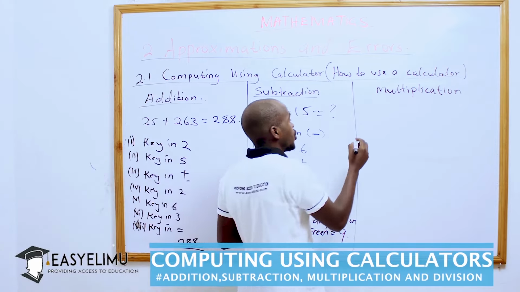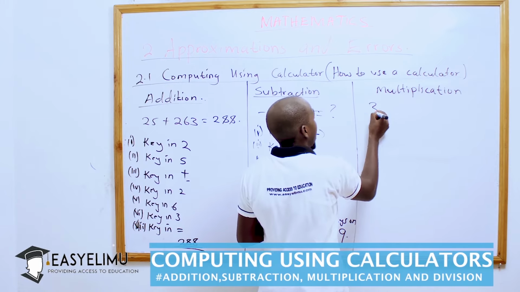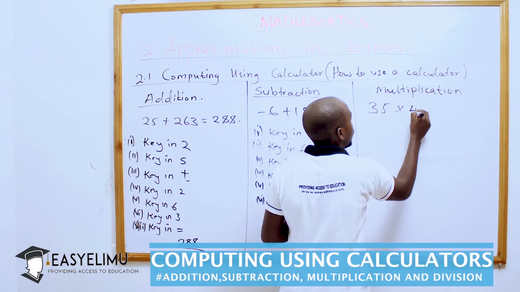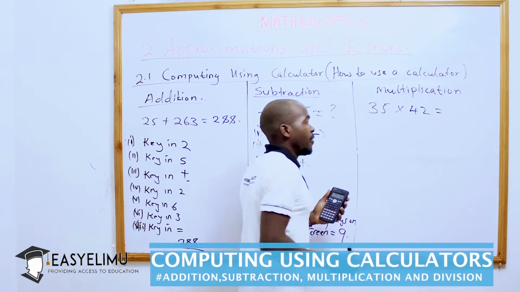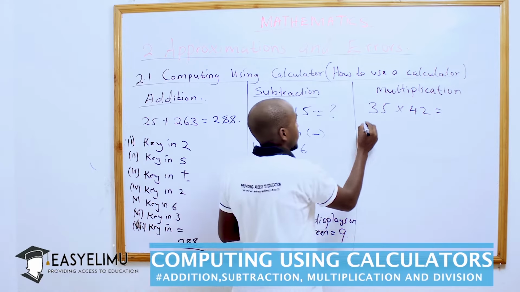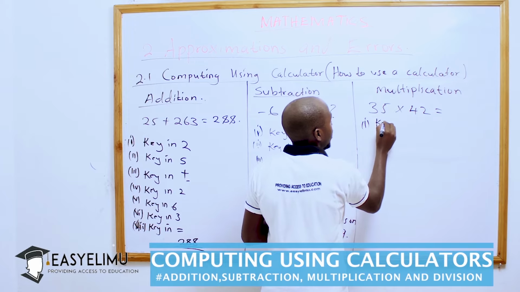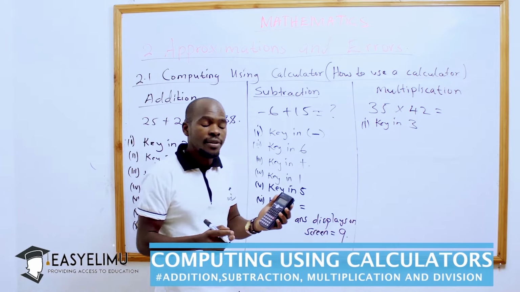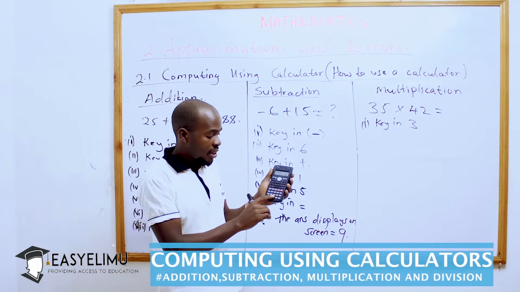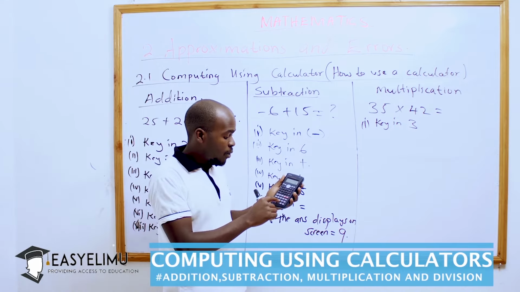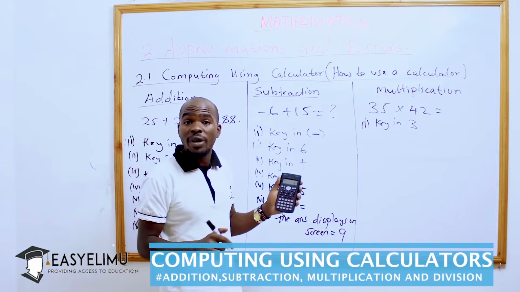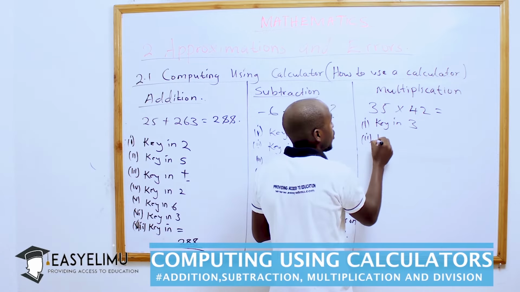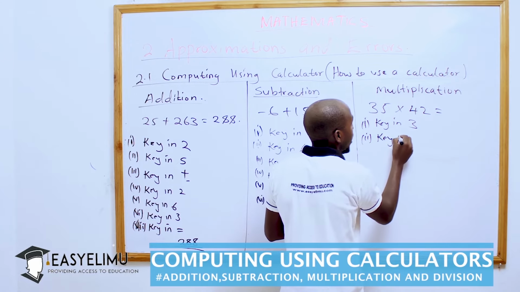For the multiplication, having been given 35, for example, multiplied by 42, for the first step you key in 3. Keying in 3 means you press number 3. Then the second one you follow, you key in number 5.